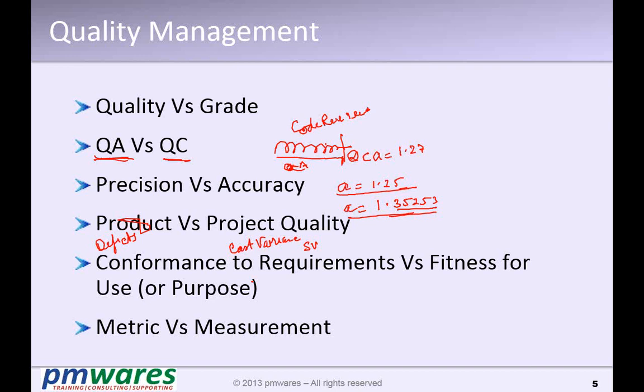But it does not guarantee that whatever product you have developed or delivered is fit to use. There is a fair possibility that requirements were either not documented correctly or not communicated correctly, or some critical requirements were missed out at any place, which can make the product unfit for use. For example, suppose your government has changed the policies.